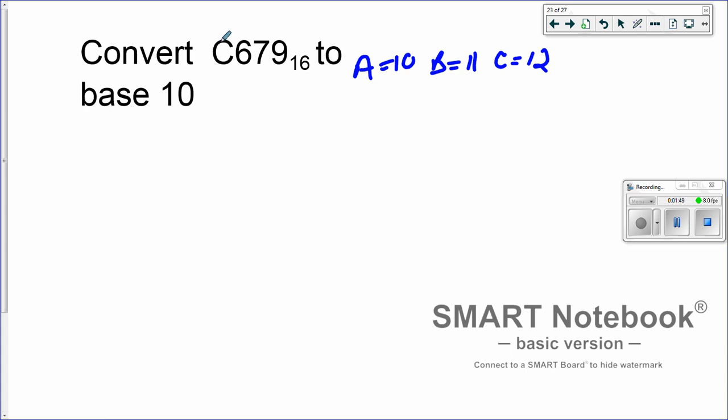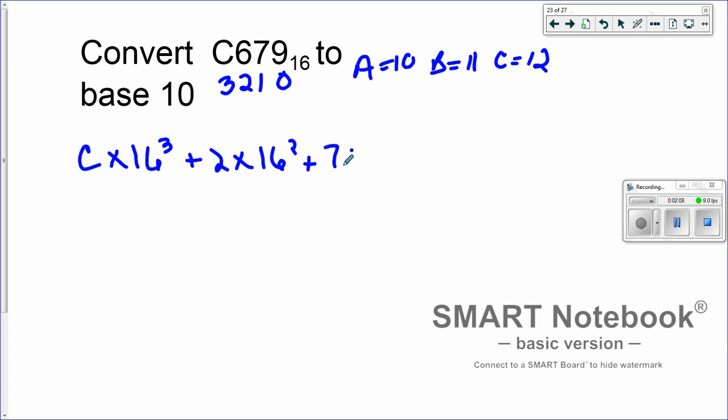So this C really represents a 12. Again, this is the zeros column, this is the 1, this is the 2, this is the 3. So this number would be C times 16 to the third plus 2 times 16 squared plus 7 times 16 to the first plus 9 times 16 to the 0.